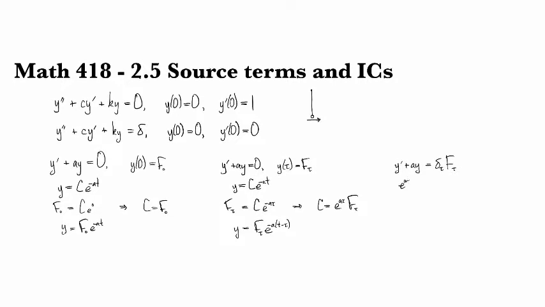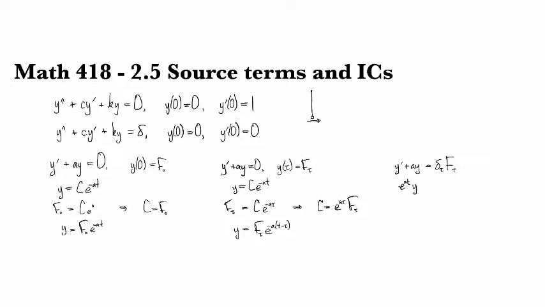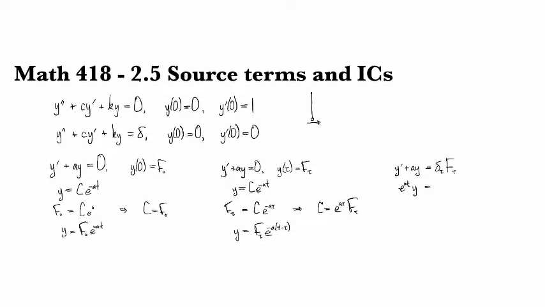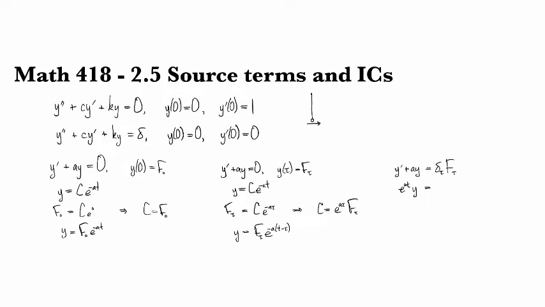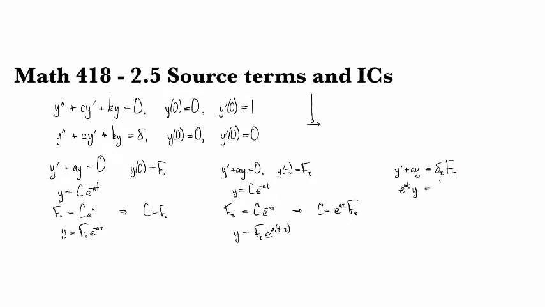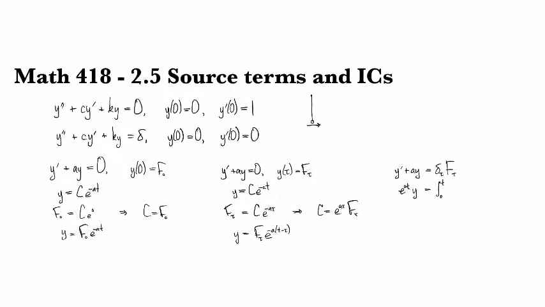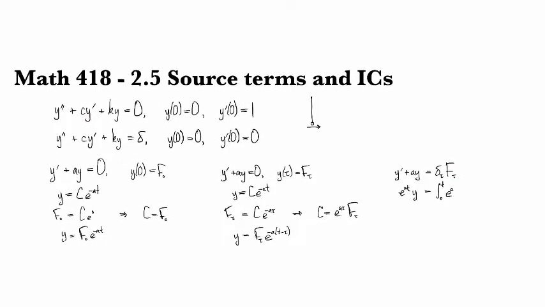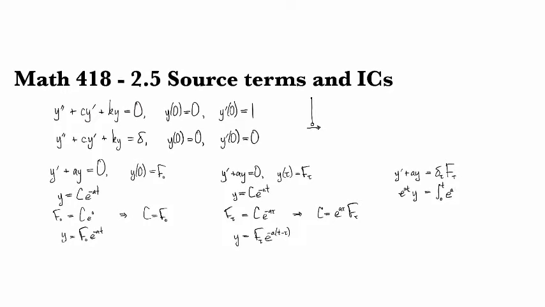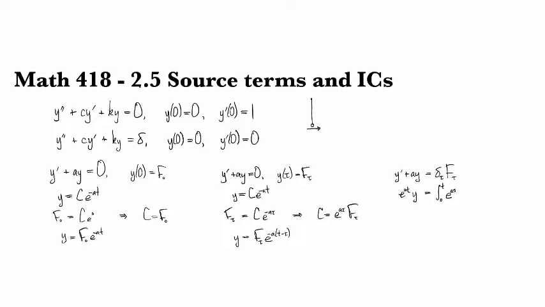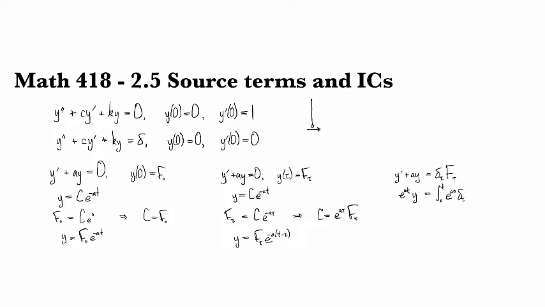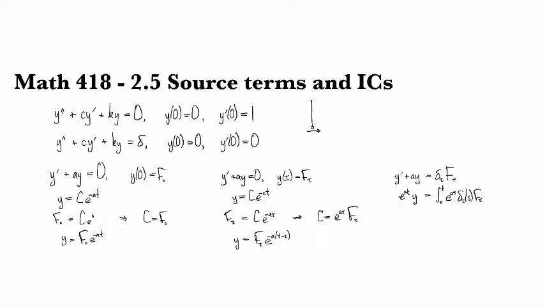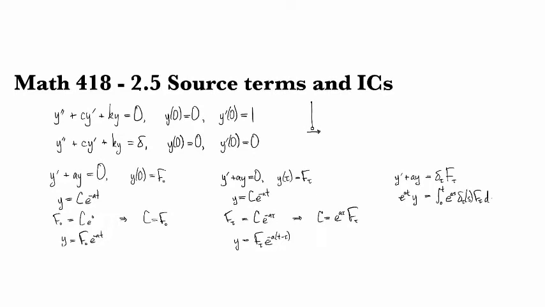So you have e to the at y, or the left side would be the derivative of e to the at times y. When we integrate, here we've got our integrating factor e to the a s, and I need some other dummy variable because t is already in use, so I'll just call it s. And we have delta tau of s, and this number f tau, ds.